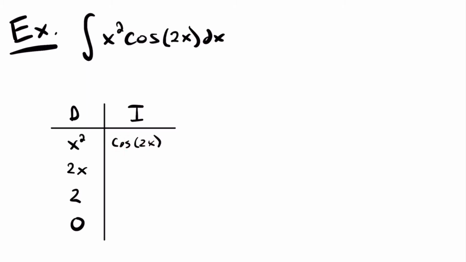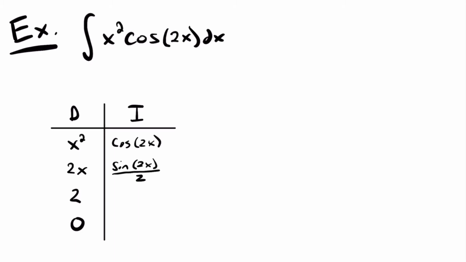But there's actually a little trick here that when you are integrating a trig function like cosine and your inside function is just a constant times x, not x squared or anything, but just x, what you can do is integrate your trig function like normal, and then keep that same inside function, and then just divide by that constant multiple that's being multiplied by x. And so in this case, the integral of cosine is sine, and so we will have sine of 2x, and then we will divide by that constant multiple of 2.